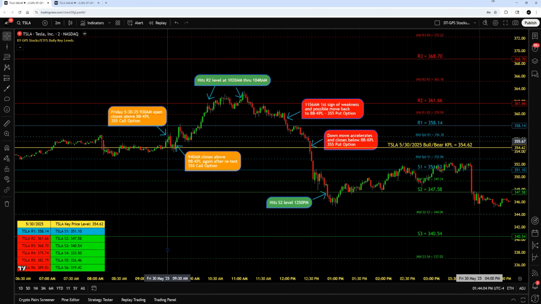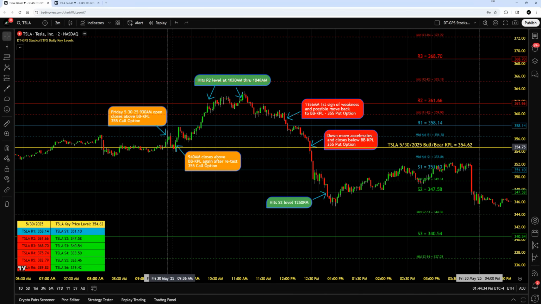You would put your stop loss at this mid KPL S1, 352.86, which as you can see is slightly below where this last swing was in the pre-market. So either right at that or slightly below it, below these candles here. So if you were playing off the open, you would do that.